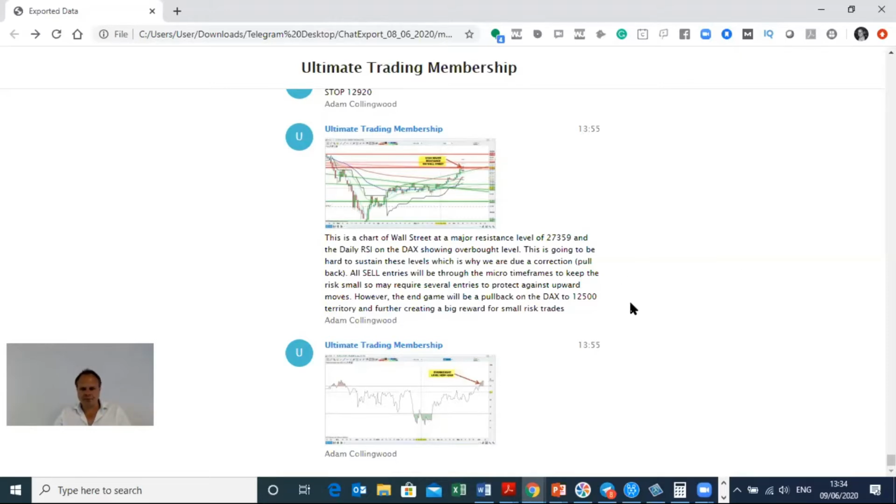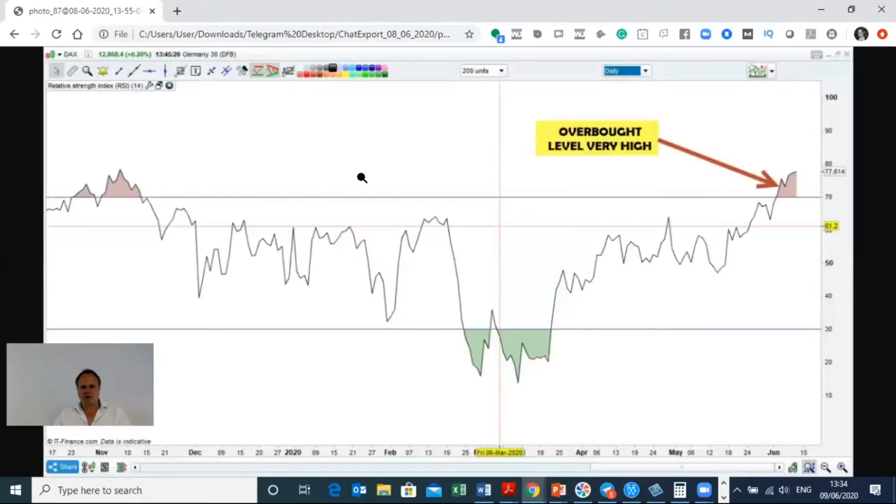But look what I also say here. All signatures will be through there. However, the end game will be a pullback on the DAX to 12,500 territory, and further, creating a big reward for small risk trades.